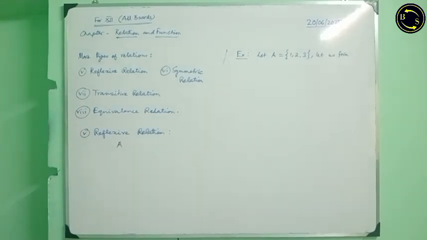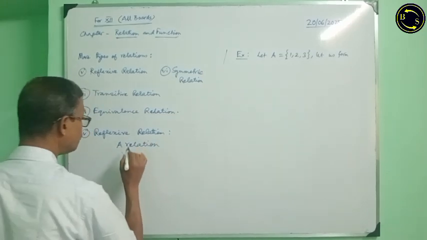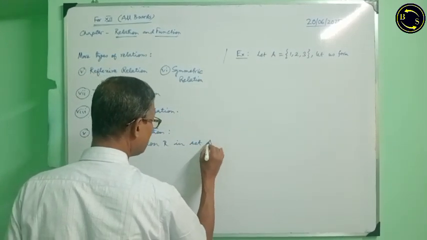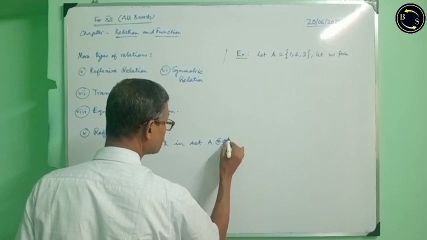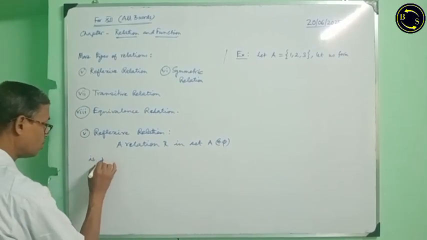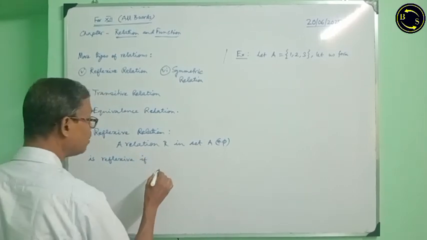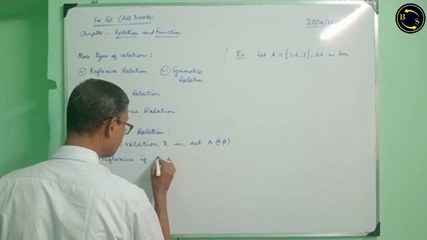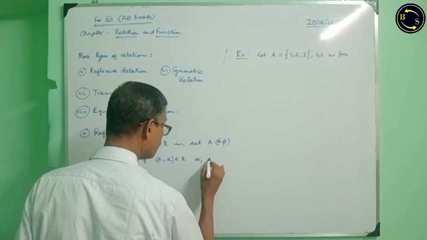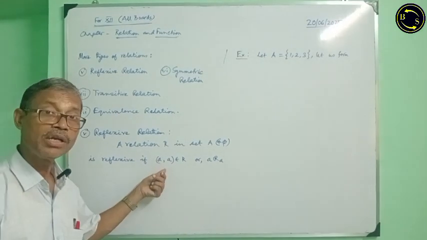A relation R in set A, non-null set, as I have already mentioned, is reflexive if any member is related to itself.